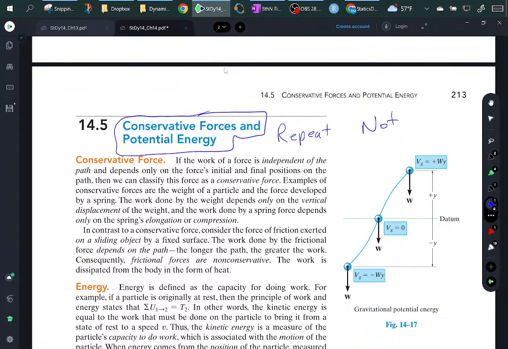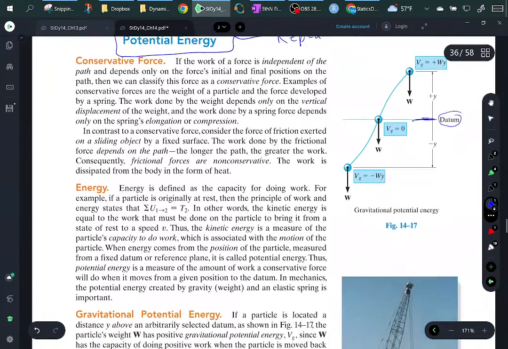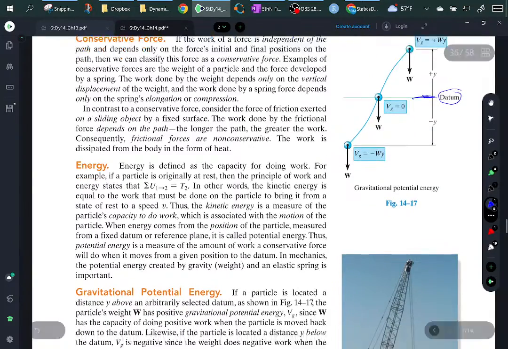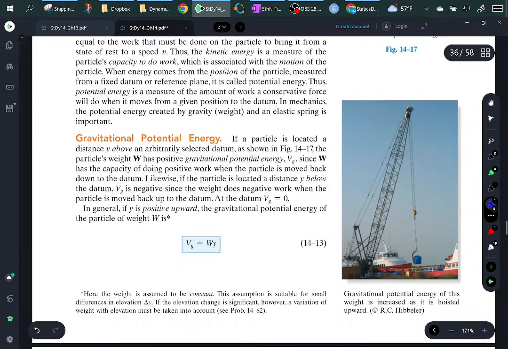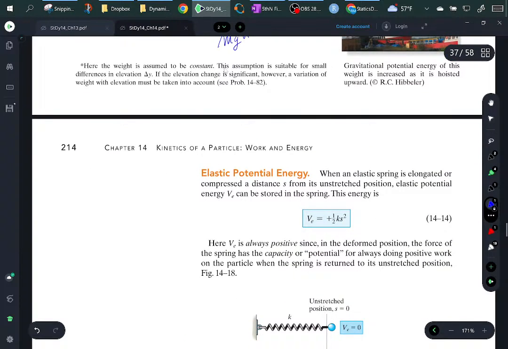He defines a conservative force. He shows on the right a datum, which you have to have in all these problems, and we'll show you that in a second. Talks about energy, then gravitational potential energy. That's nothing more than mgh, what you've seen before. And then you have a potential energy from the spring.